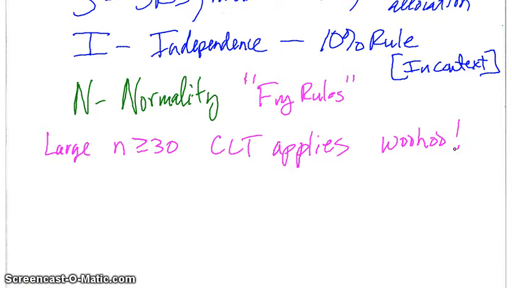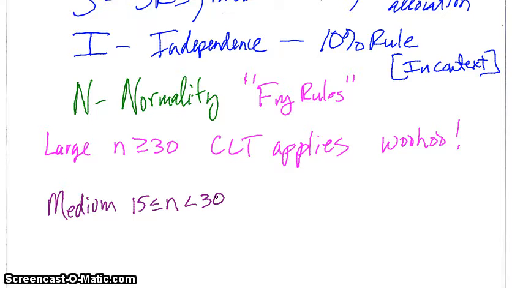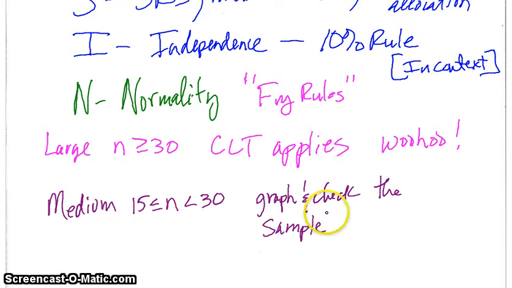Okay? But what happens if I only have a medium-sized fry? That is when N is between 15 and 30. This is where we need to remember graph and check the sample normality, which in reality, we want to check its shape.